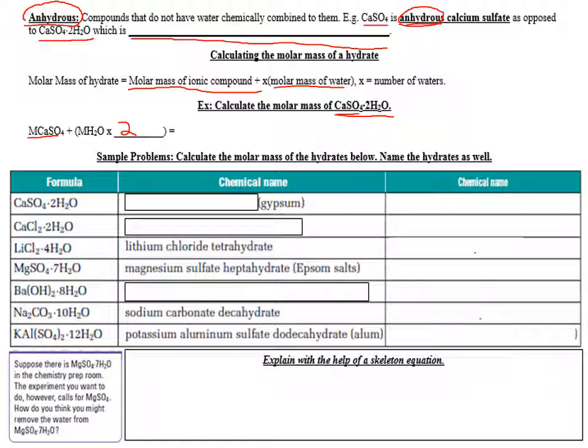So we have 136.15 grams per mole from the calcium sulfate. And then we're going to add our water, so 2 times the molar mass of water. So molar mass of water would be 2.02, that's for the 2 hydrogens, plus the 16.00, that's 18.02.